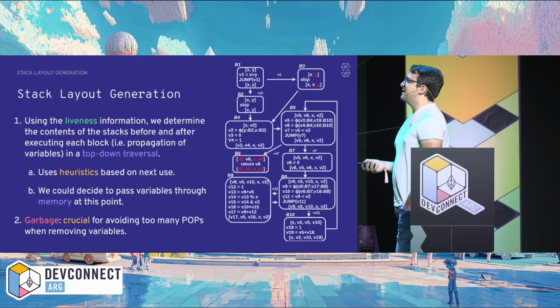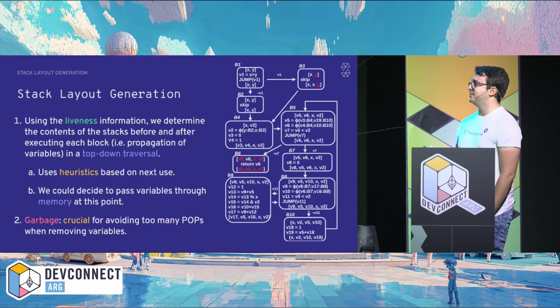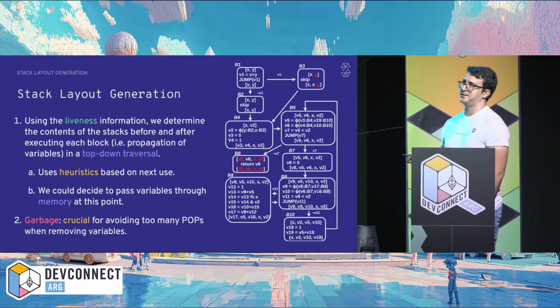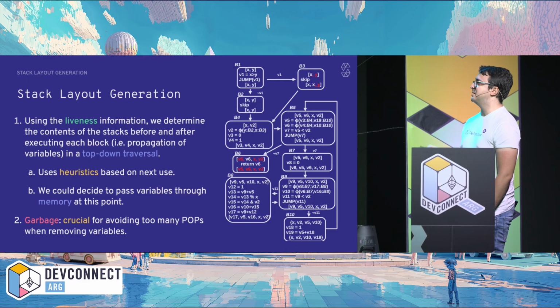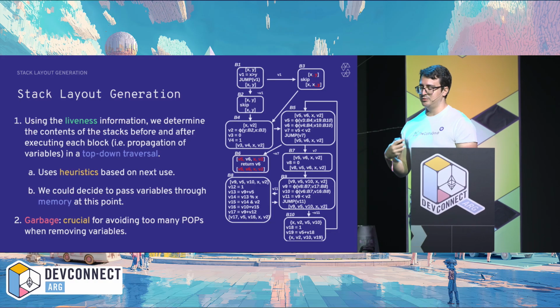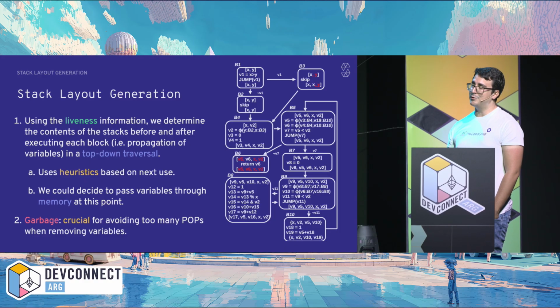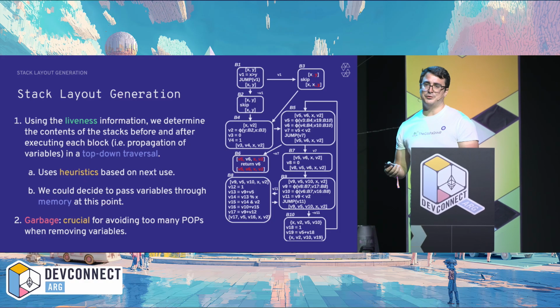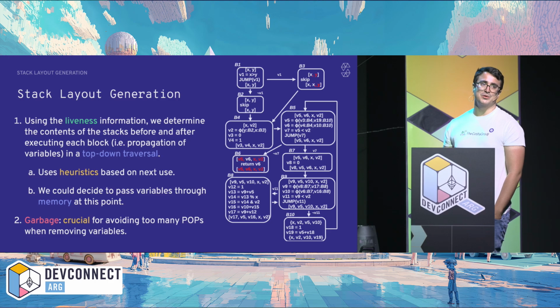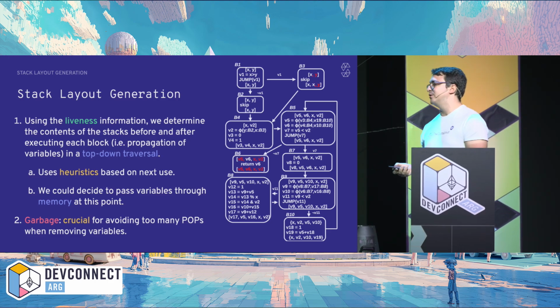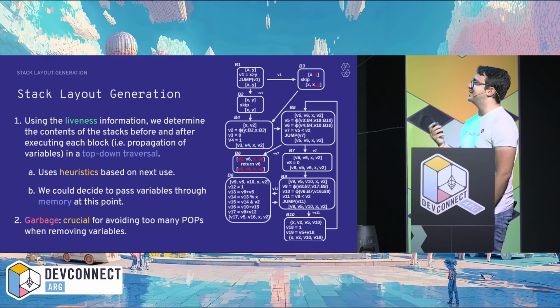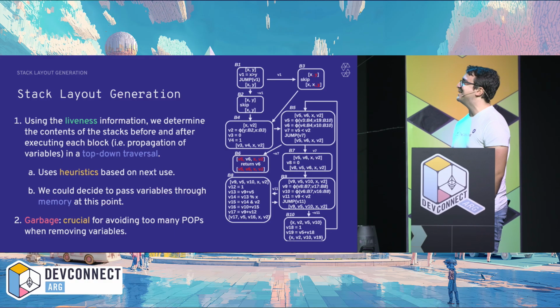In our case, we do it in a top-down way, and the reason is that, well, Moritz couldn't discuss it much, but there are many times in which we don't want to remove variables that are no longer used. Because if I remove every variable that is no longer used, this means that I have to introduce a pop instruction for each of them, which would make my code really inefficient. So that's why we introduce this concept of garbage, which is a way of saying, okay, there is an element that is no longer live, but I can just leave it at the bottom of the stack, and I can forget about it.